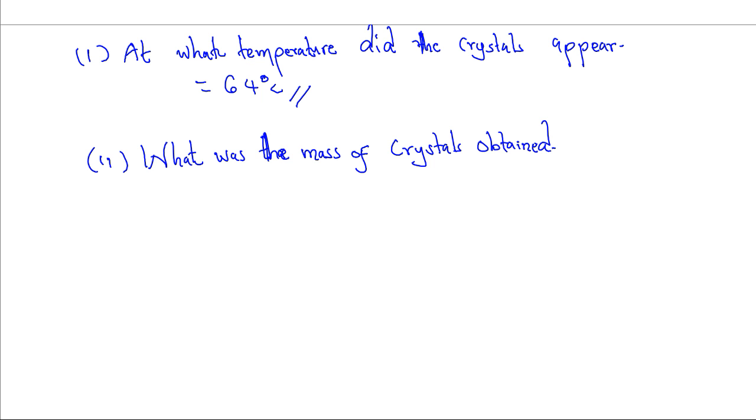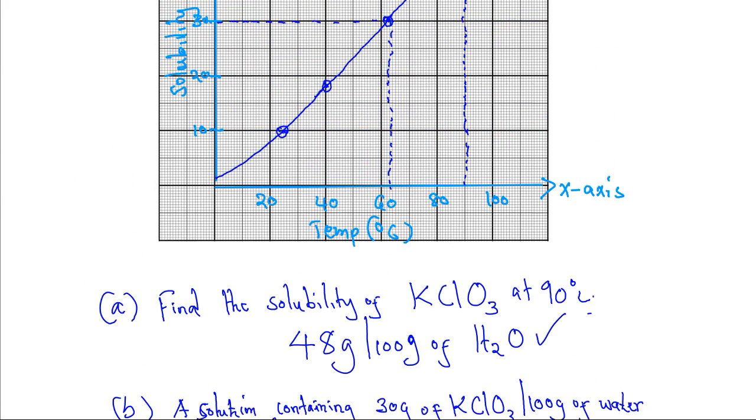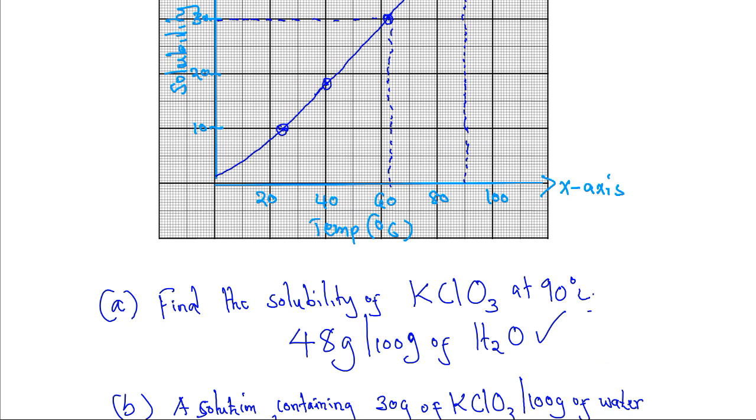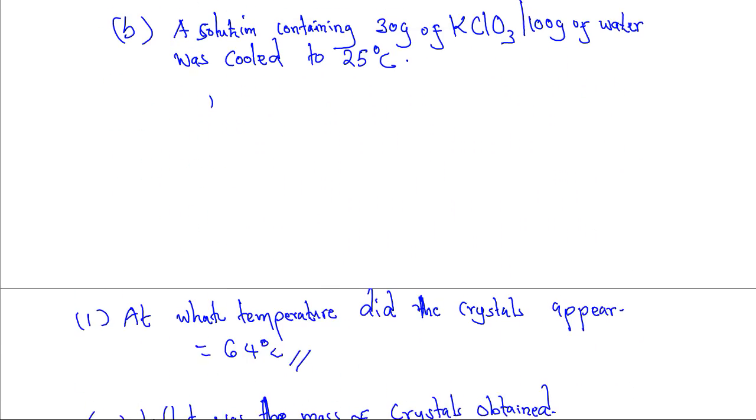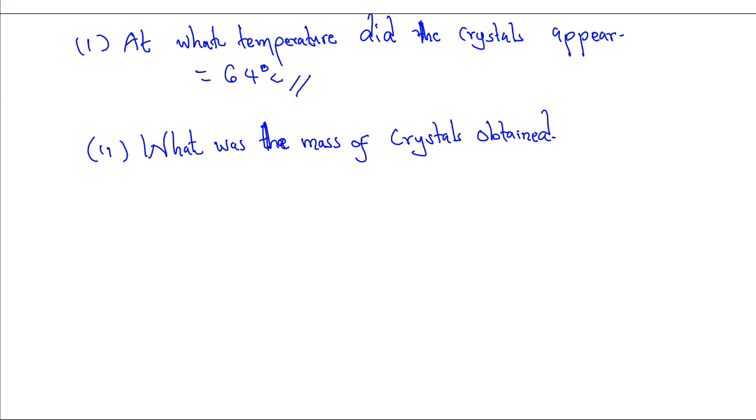So let us get the solubility at 25 degrees Celsius. The solubility at 25 degrees Celsius is exactly 10. So that is the 30 which was used minus 10. So that gives 30 grams minus the 10, giving 20 grams.